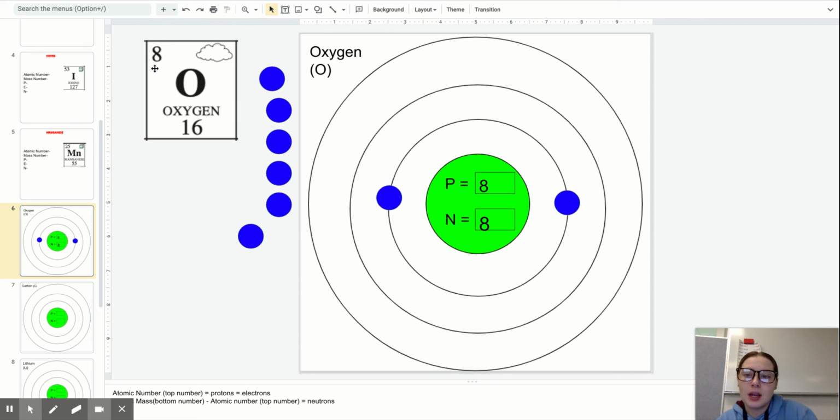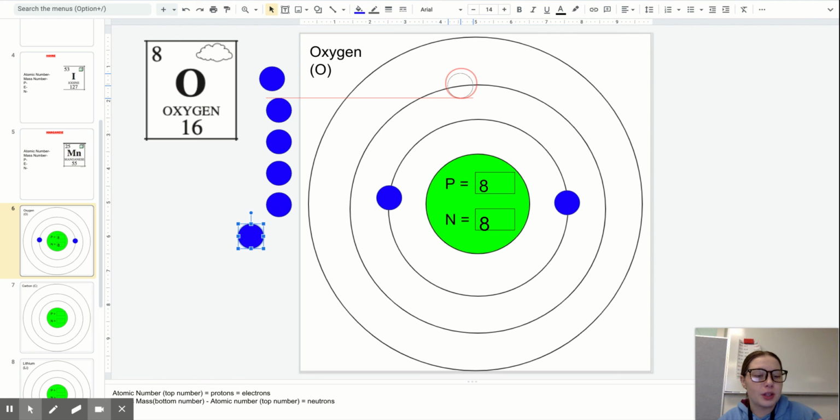So oxygen, since it's neutrally charged and the protons are 8, that means the electrons are 8. So we have 1, 2 in the first field, and then we're going to see if we can fit 8 in the next field. All right, so how we're going to lay this out is we are going to put them in pairs.